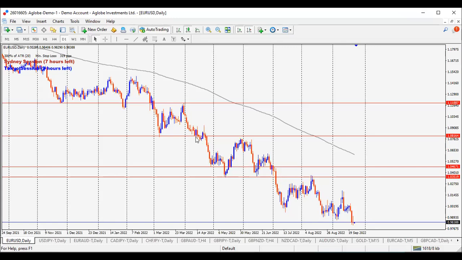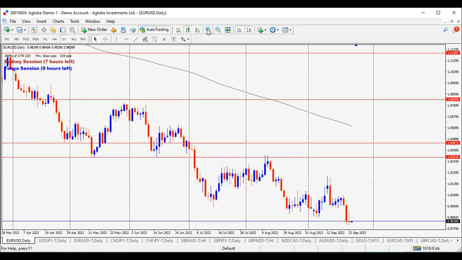Okay, so this is an engulfing candle. Let me see if I can zoom out. Okay, you see? You can see this, 1, you can see this, 2, you can see this, 3. All of these are engulfing candles around a zone, the area of value.